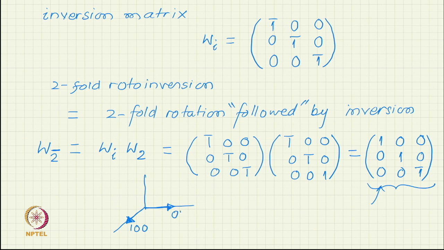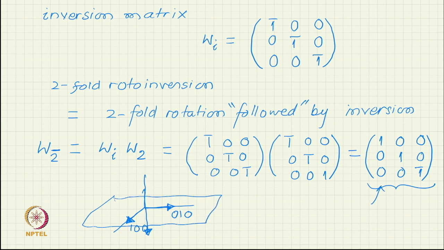So 010 remains where it was, but the third column, which was 001, becomes 00 minus 1. Which operation will do that? Reflection in the plane.